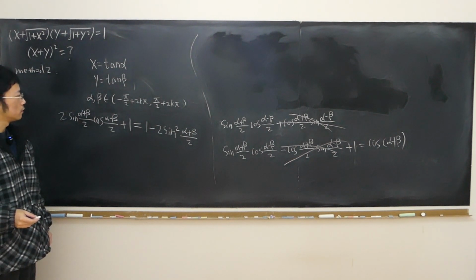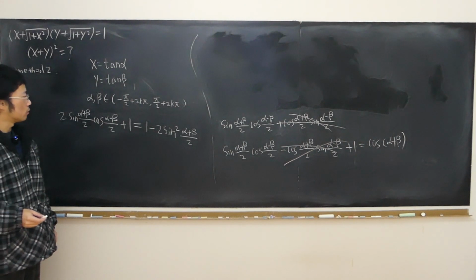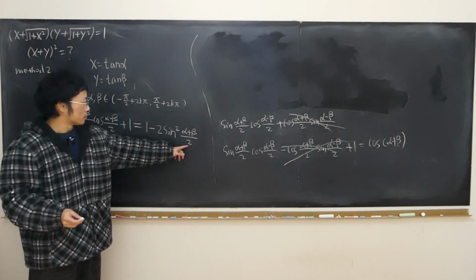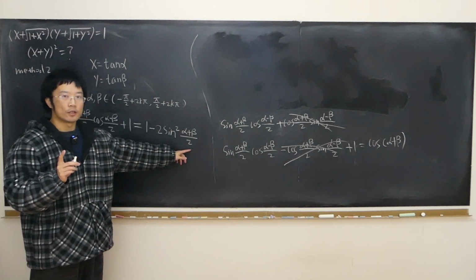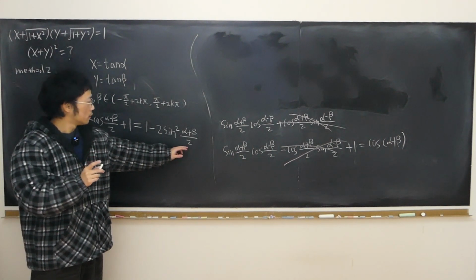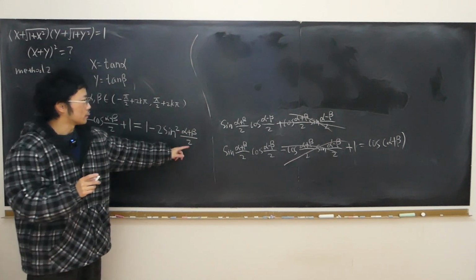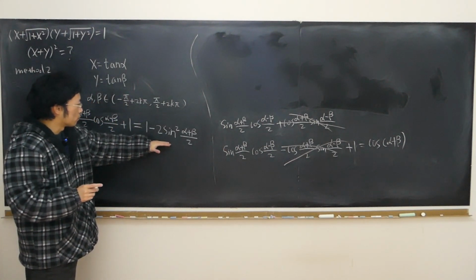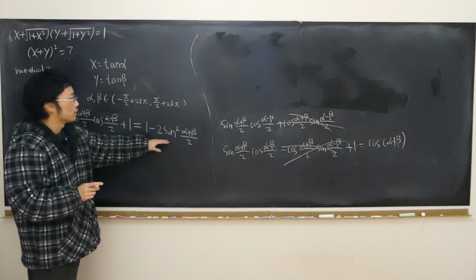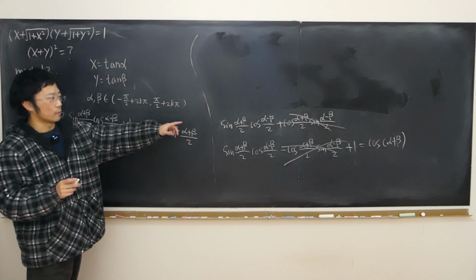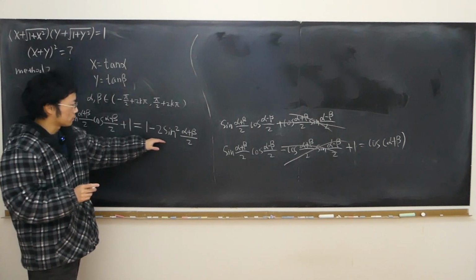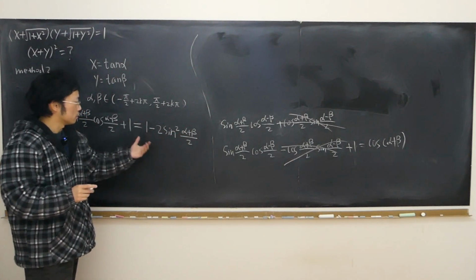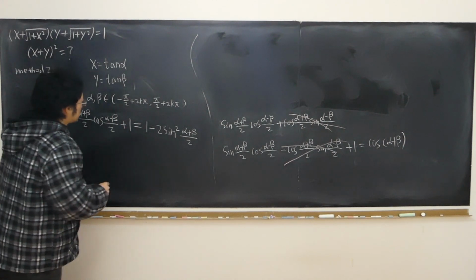So where is our double angle? I can treat half of alpha plus beta as a whole angle. Twice of that angle becomes alpha plus beta. So here's my double angle entity. Cos of some double angle equals 1 minus twice of sine squared of that angle, right? It's easily verifiable.